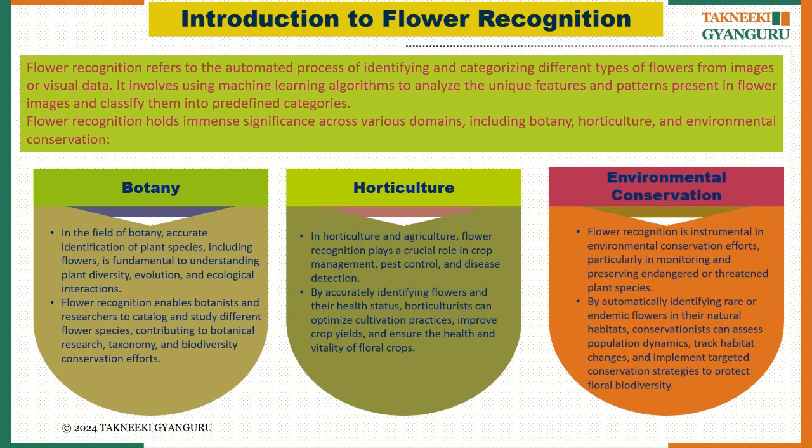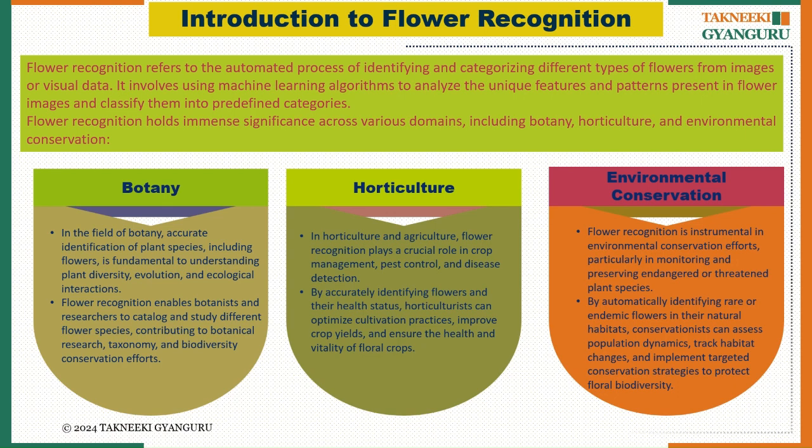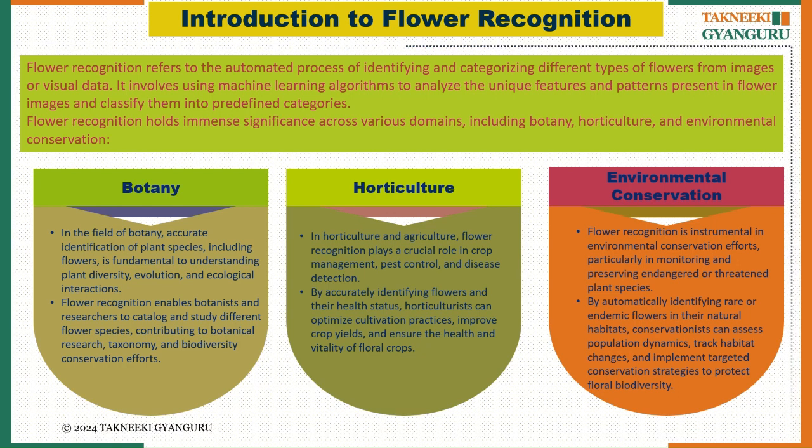Next one is environmental conservation. So flower recognition is instrumental in environmental conservation efforts, particularly in monitoring and preserving endangered or threatened plant species by automatically identifying rare or endemic flowers in their natural habitats.